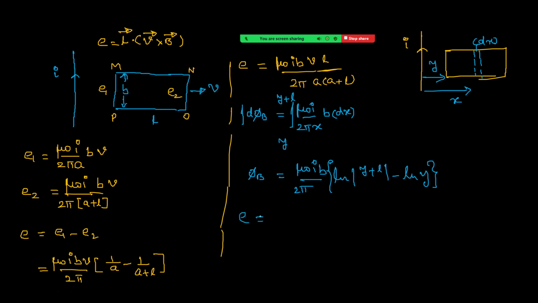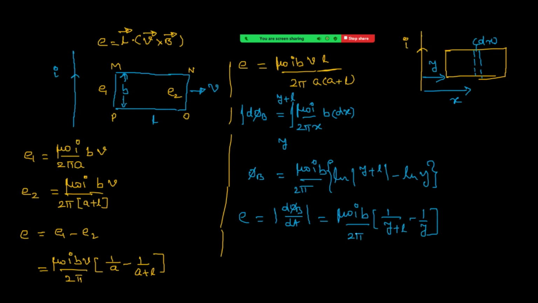Now to get EMF, EMF equals minus dφ by dt, or I'm taking only the modulus value of dφ by dt. Focus on the modulus value, then see what we get: μ₀Ib upon 2π times the derivative of log, which is 1 by x, so 1 by (y + L) minus 1 by y, multiplied by dy by dt.